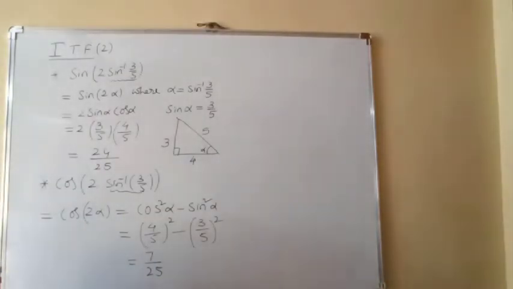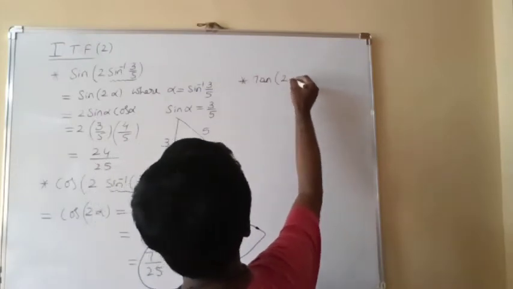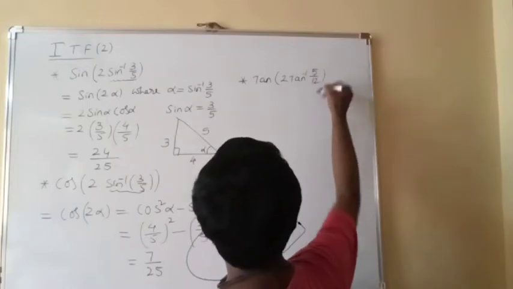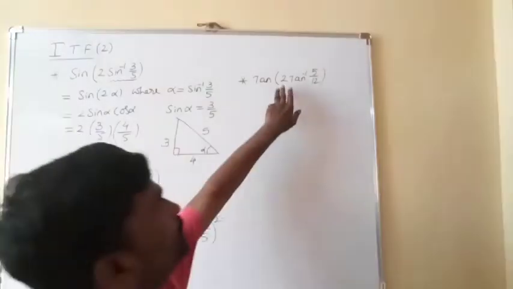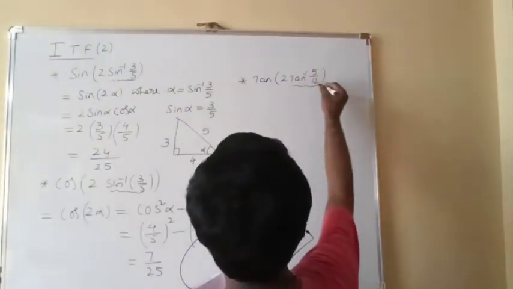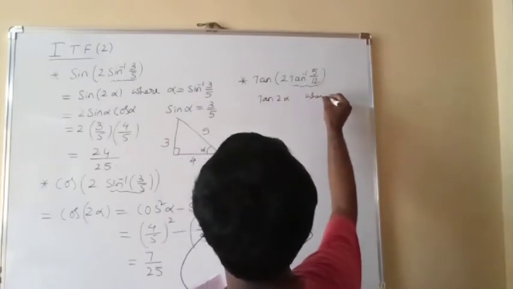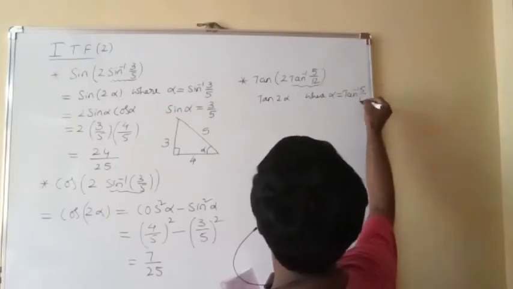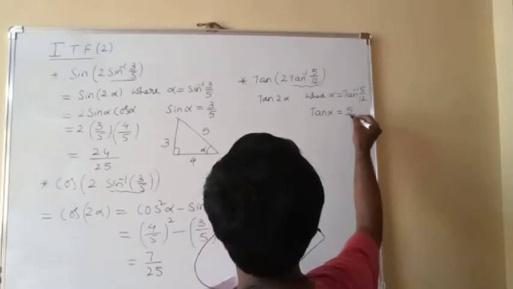Okay. Suppose you try this model problem: tan of 2 tan inverse 5 by 12 is given. How will you get tan of 2 tan inverse 5 by 12? You need not use the 2 tan inverse x formula also. Just take this angle as alpha, then you have to find tan 2 alpha. Alpha is equal to tan inverse of 5 by 12, so tan alpha is equal to 5 by 12.